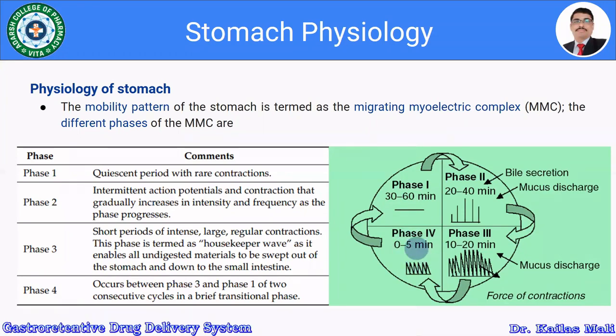So again, it moves towards phase 1, then phase 2, phase 3. Again, phase 4 to phase 1, likewise. So the total cycle is about 90 to 120 minutes. So this is about the migrating myoelectric complex, which comprises the 4 different phases.